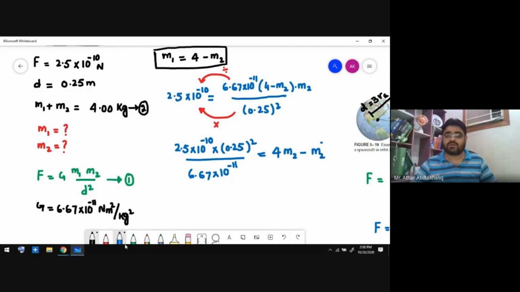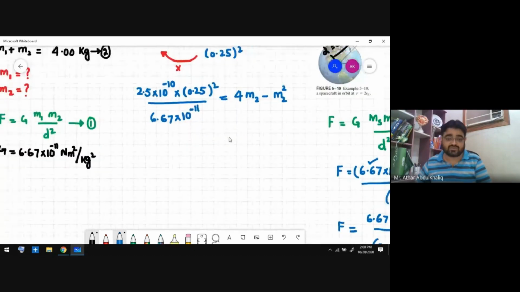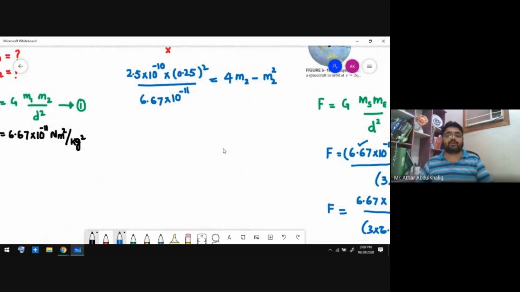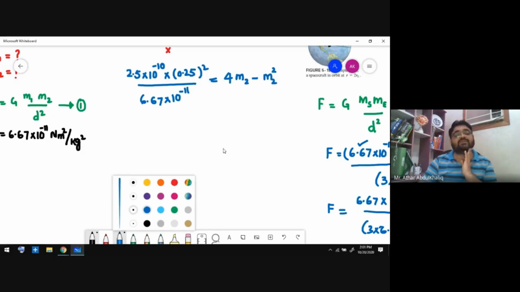Very good. So this is going to be a quadratic equation now, but please, I need you to give me the answer for the left hand side. What will be the answer for the left hand side? Everybody please try to solve this part, left hand side, and give me the answer.